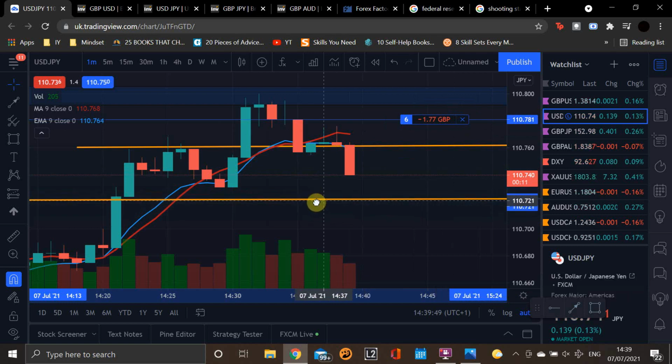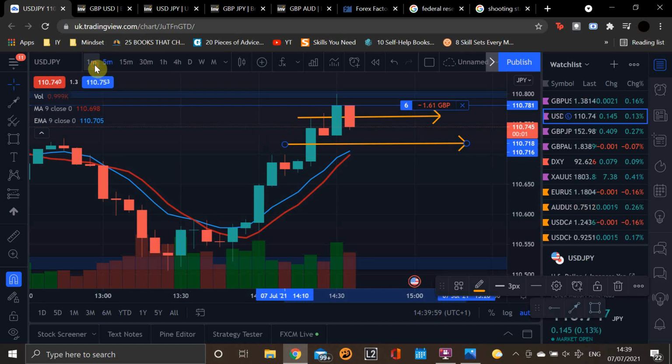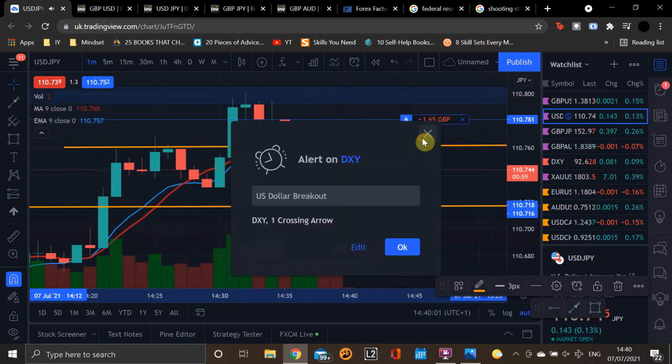I want to see it break past, or maybe I'm on the wrong side of the trade. It's very possible.